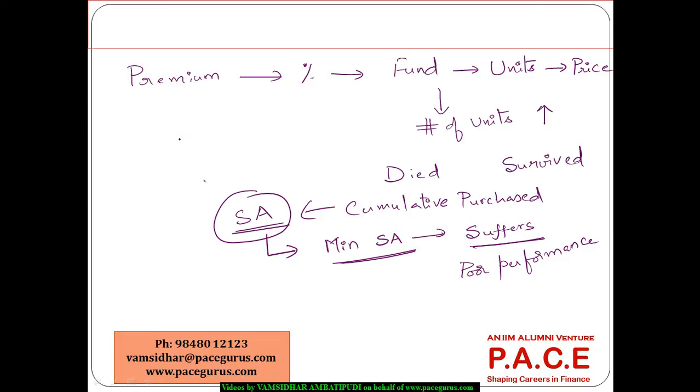So it's specific. There is a separate account for each policyholder. He has a choice to decide what kind of investments he wants that portion of the premium be allocated to.